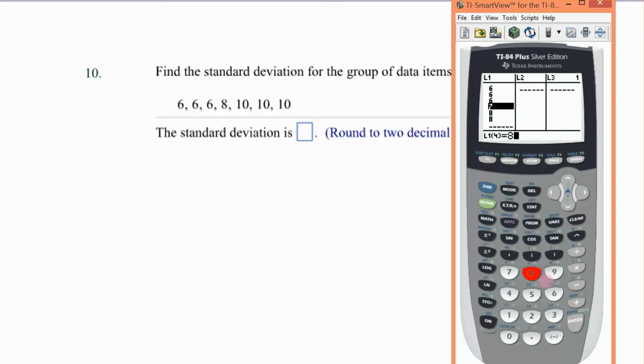Then I have an 8, enter, 10, enter, 10, enter, 10, enter. I hit Stat again. I go right to Calc. I choose one variable statistics. That's what I want. I can go down. You could use Enter to go down. And there we go.